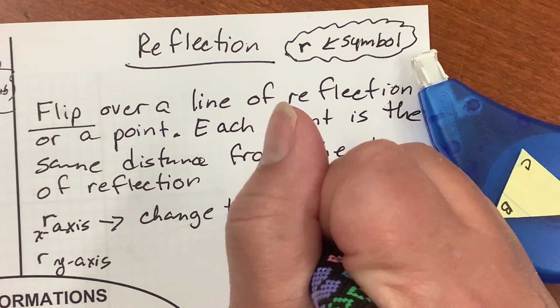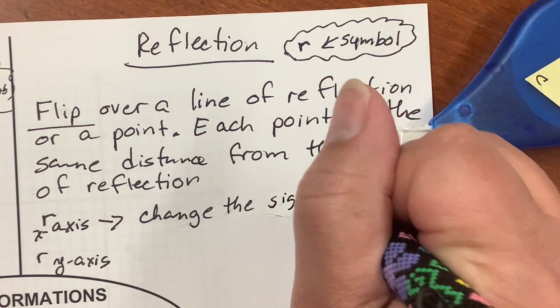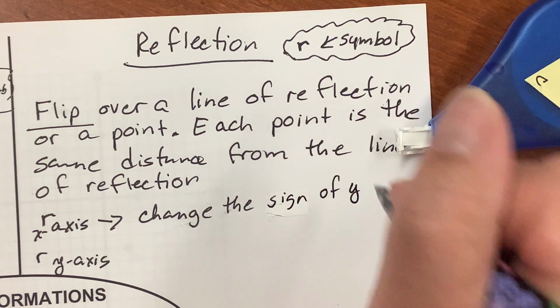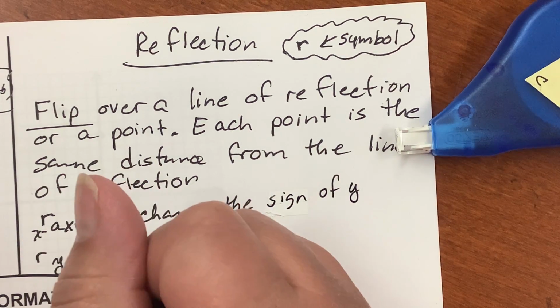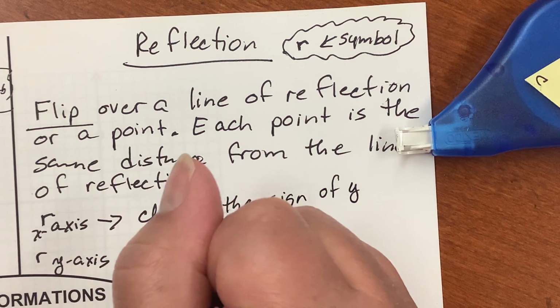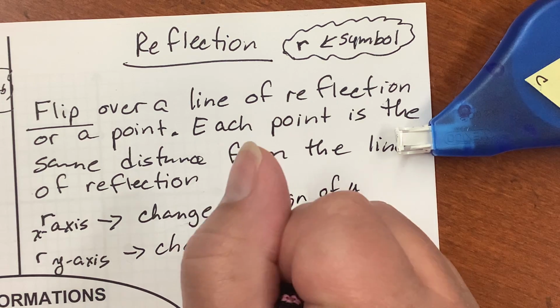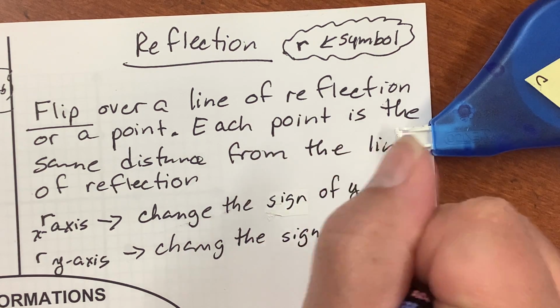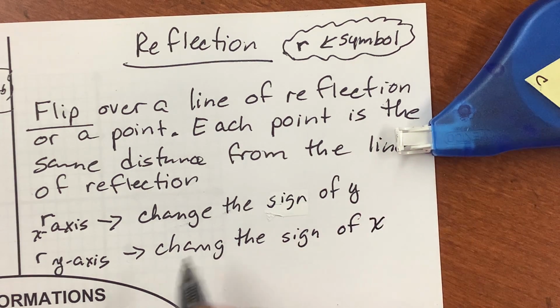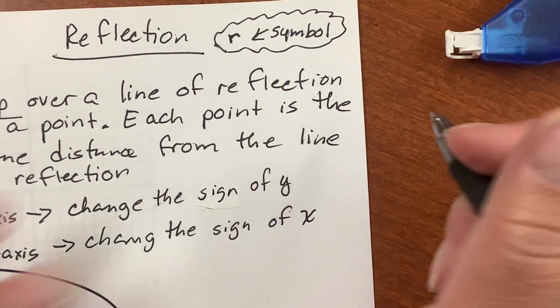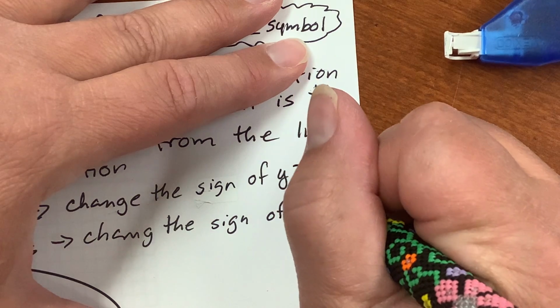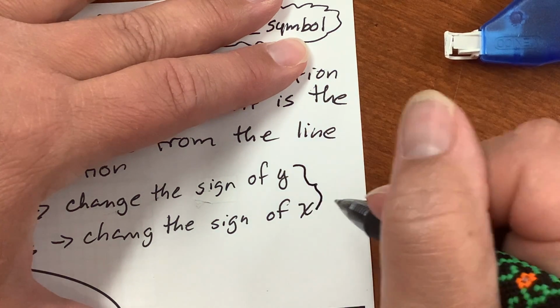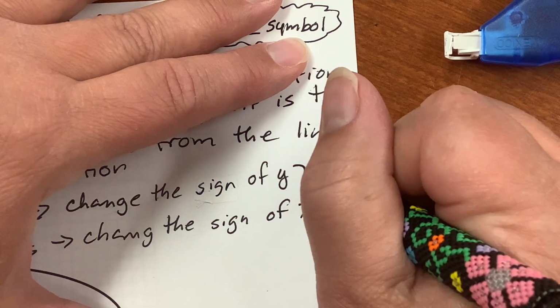Change the sign of y. So over x, change y. Over y, change the sign of x. And remember what we called this? That was called, when you change the sign, negate.